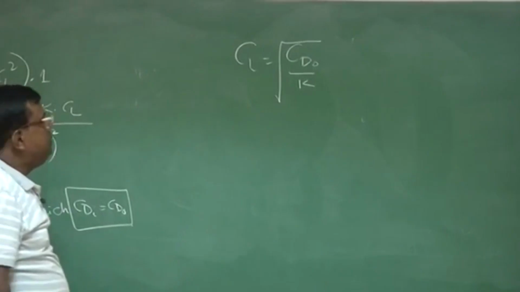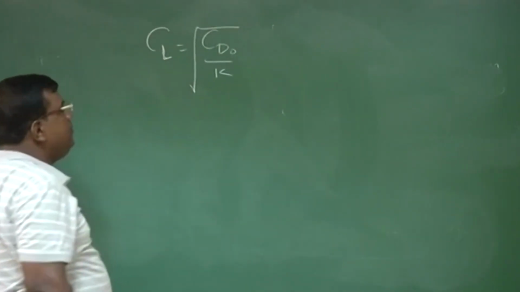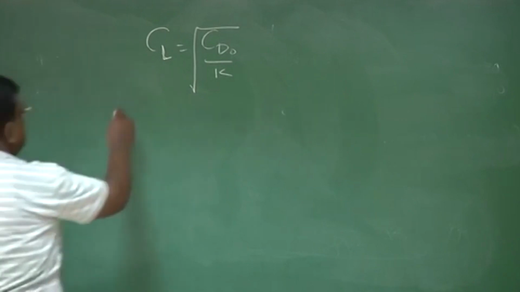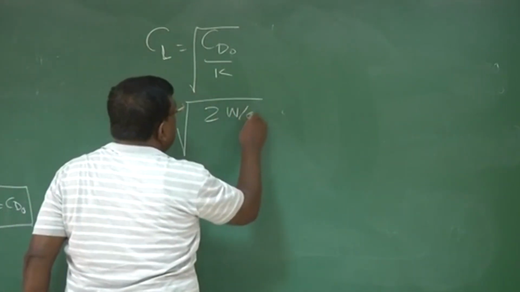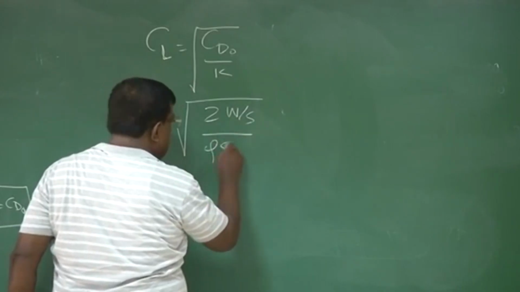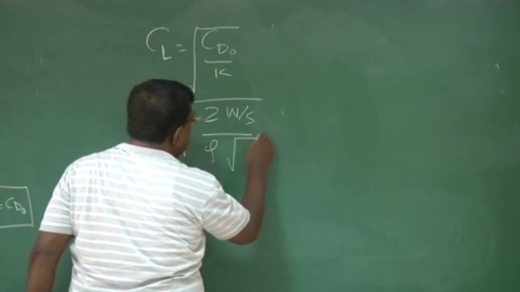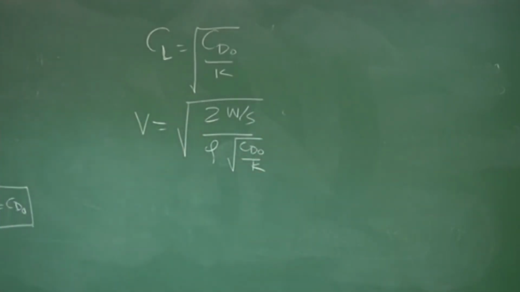Now let us see. When I say CL equal to root of CD naught by K, what is the speed I should fly so that thrust required is minimum? V will be under root 2 W by rho S CL, that is, with CL equal to root of CD naught by K. Right?